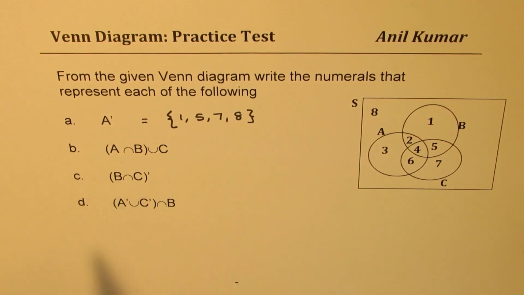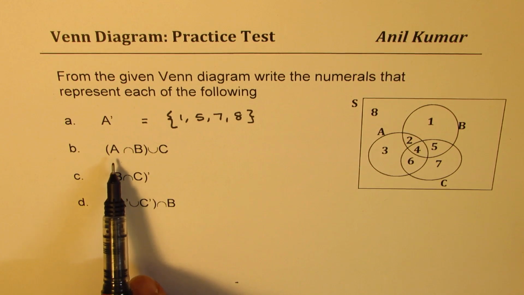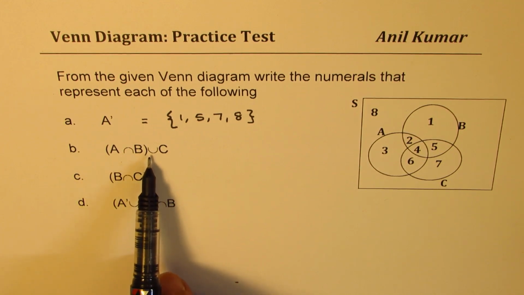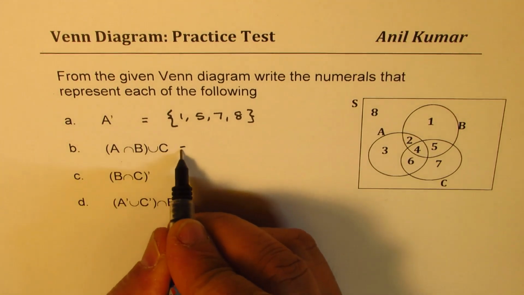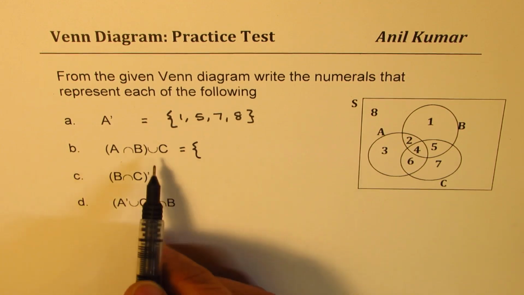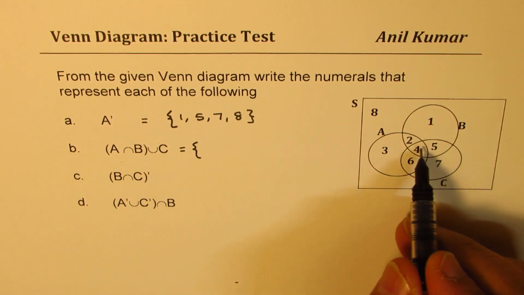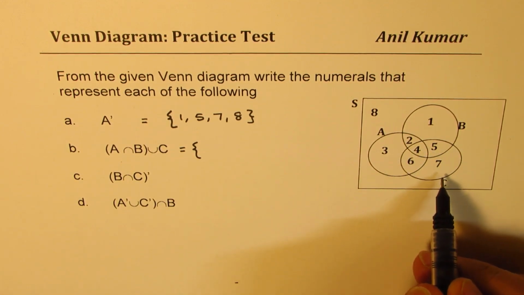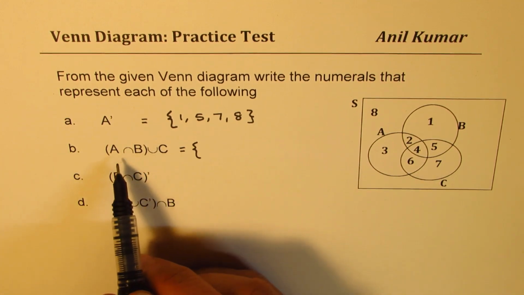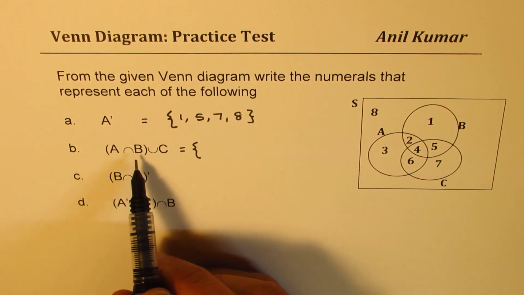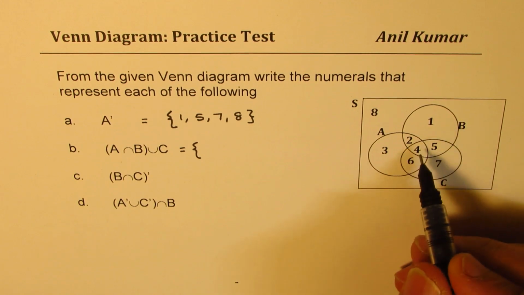Let's take part B now, which is A intersection B union C. That is to say that we have to take all the elements in C, union C, plus we have to consider intersection of A and B, right? So A and B intersection means 2 and 4 also, right?